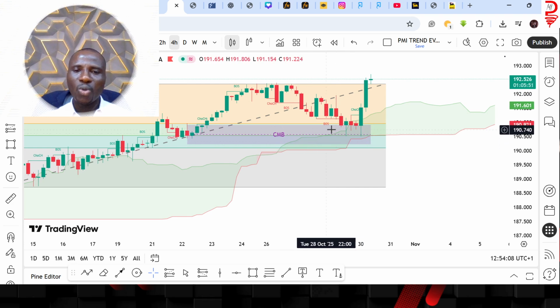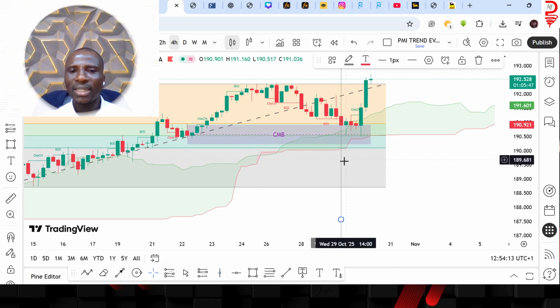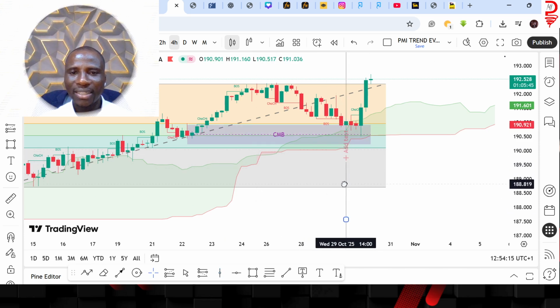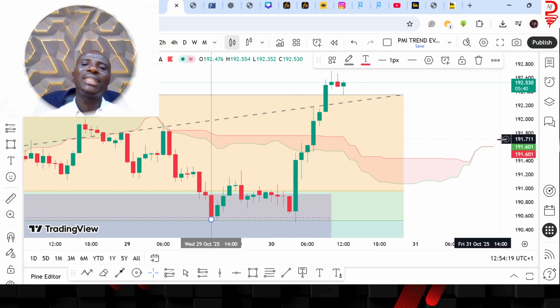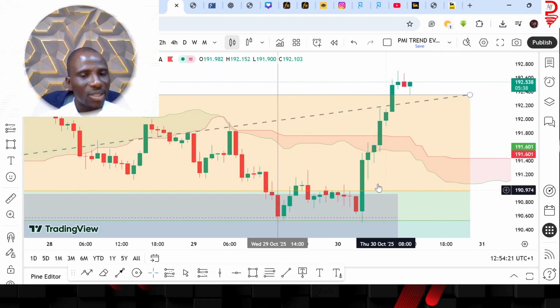So we waited, the price came back. This was yesterday. The market came back, then we go to 1 hour. So the time frame where we pick the trade is 1 hour.